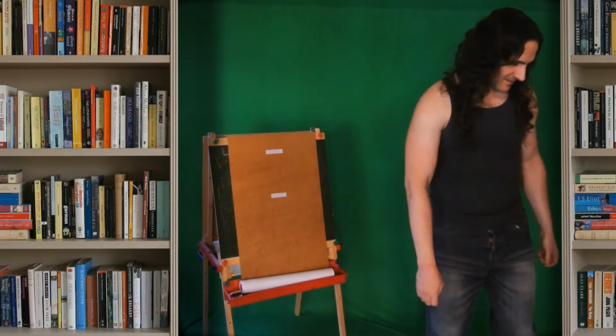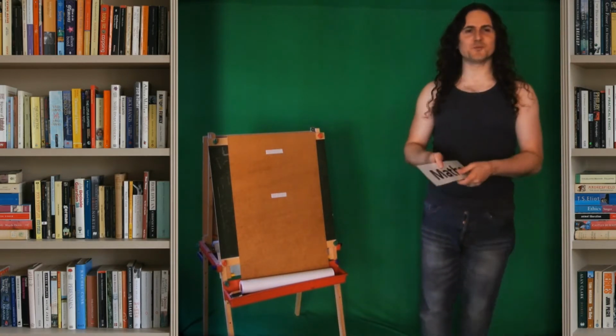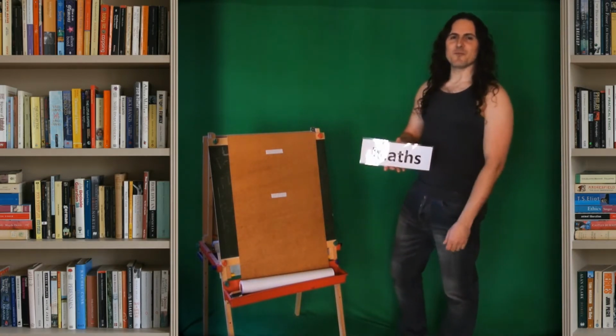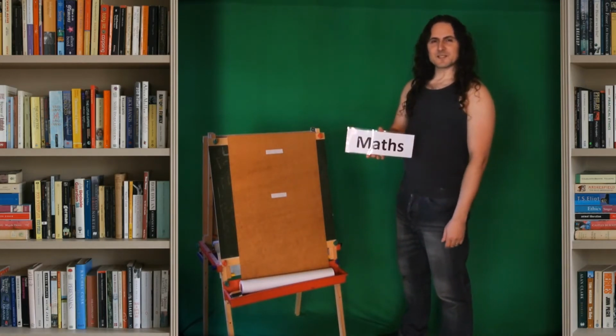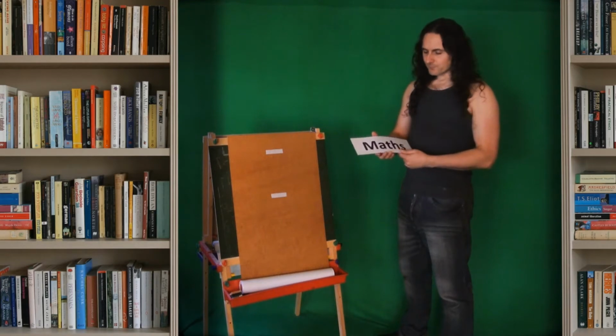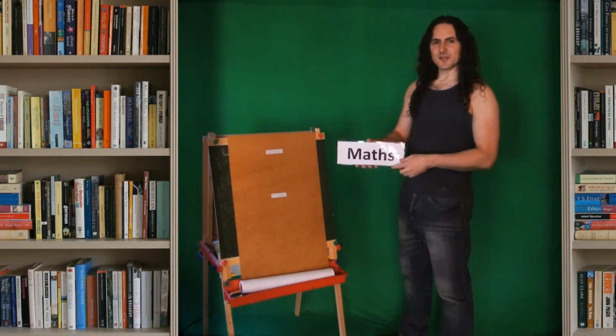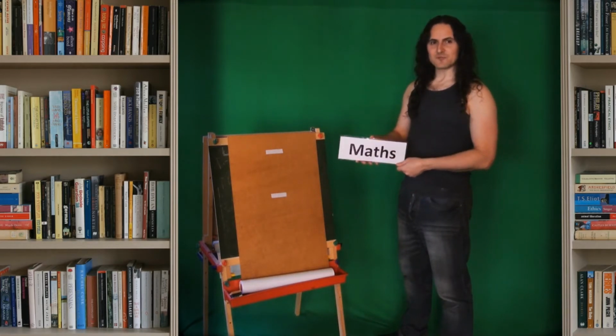And I'm going to grab our subject here. We have maths. So how would you present this information to them? Well, before we get into that, let's just have a look at this. You can see that the writing is quite large, it's really clear, it's a good clear font.